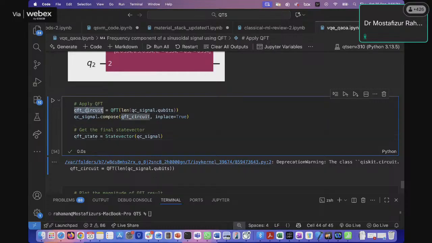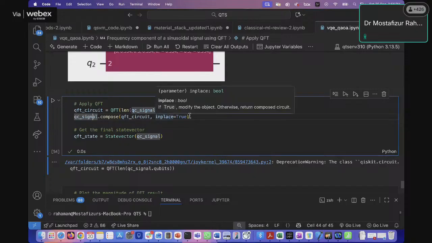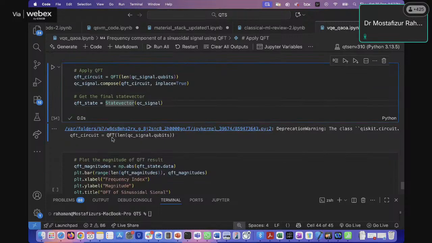Once you get this particular circuit, you can compose it with QC signal dot compose in this way also. This is just an additional line. You may not do that. That's okay. But after composing, we need to run it on the simulator.